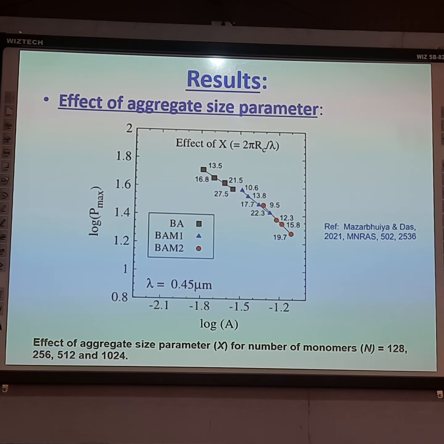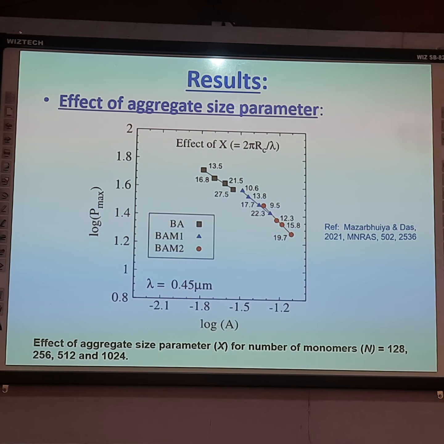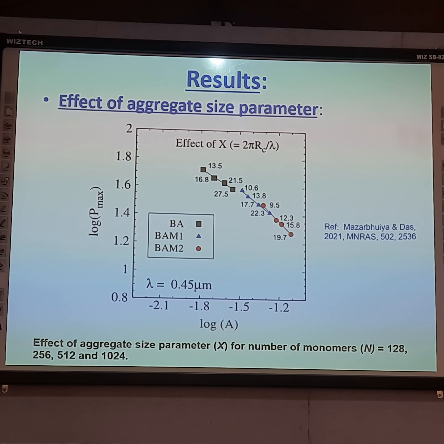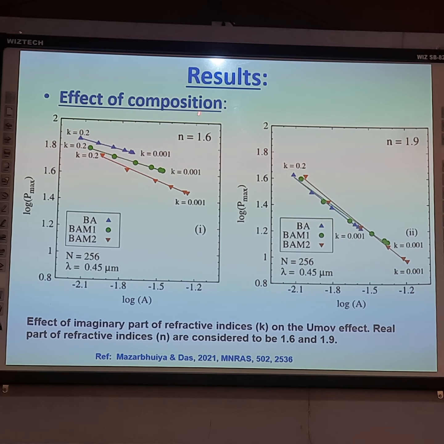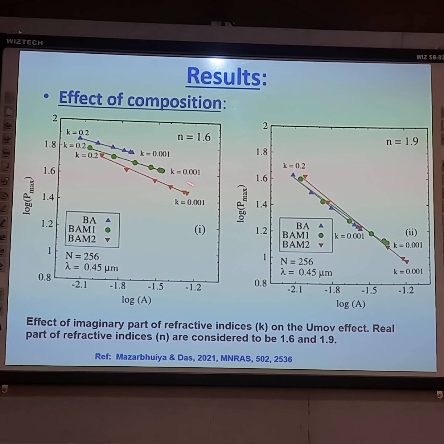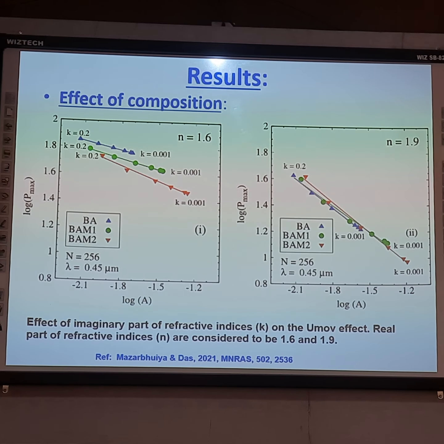So these are the things. If you take the aggregate size parameter, means if you consider the bigger size, that also affects the polarization-albedo curve. And this is the effect of composition, means if you change the composition of the particle, that also affects the polarization and albedo curve.